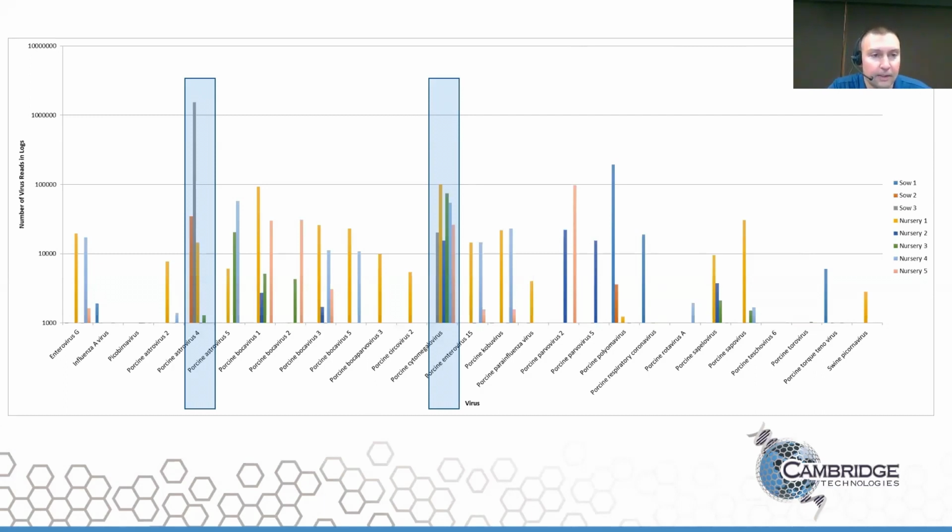Before I go on, I'll just mention some of these viruses. Again, we found flu, enterovirus, a number of different astroviruses, parvovirus, circovirus, parainfluenza virus, respiratory coronavirus, saplovirus. Any virus that's been associated with swine respiratory disease, I think we found it here.